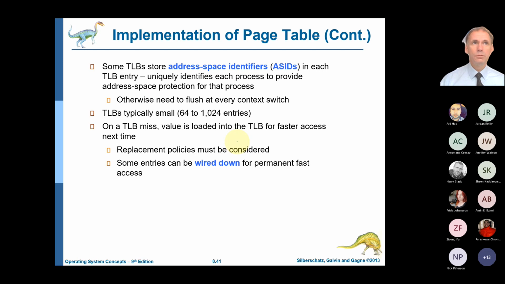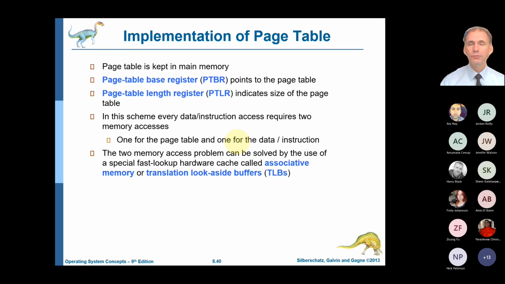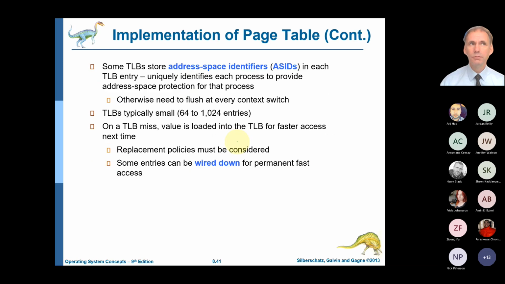We also need to ensure that we understand which process is running in order to ensure that some processes don't access other memory. So we need to associate the process with the table as well. So we might have something called an address space identifier in our translation look-aside buffer, in order to tell us who owns which bit.